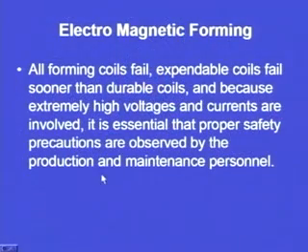All forming coils fail. Expendable coils fail sooner than durable coils, and because extremely high voltages and currents are involved, it is essential that proper safety precautions are observed by the production and maintenance personnel. So certain hazards are possible if we use these high energy rate forming processes. In the electromagnetic forming process, high voltage and high current are involved, and these coils, because of the force, may sometimes fail.